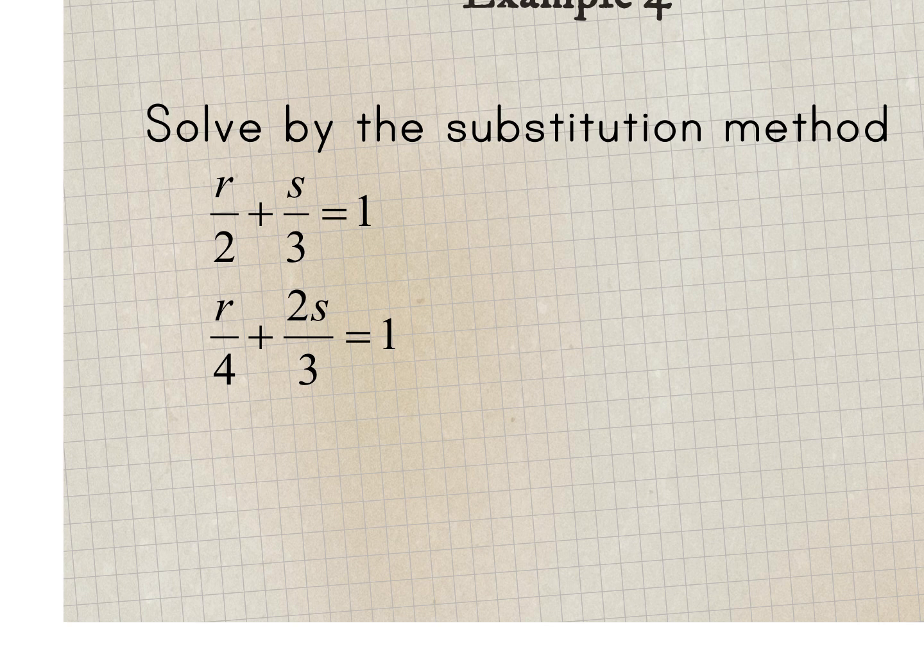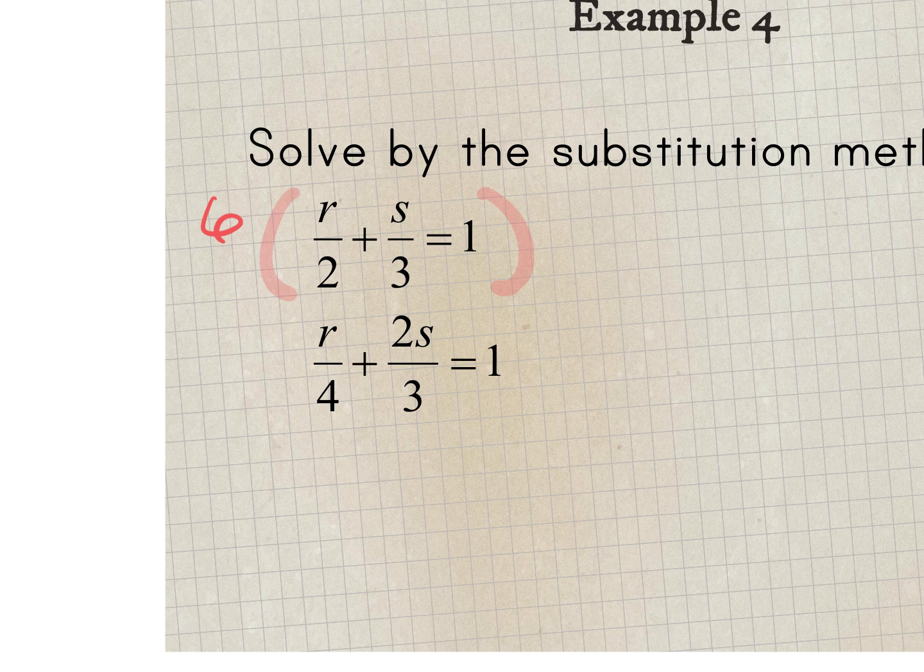For my first equation, the common denominator between 2 and 3 is going to be 6. To clear the fraction, I'm going to distribute a 6 to the first term. This gives me 6r over 2, which simplifies to 3r.